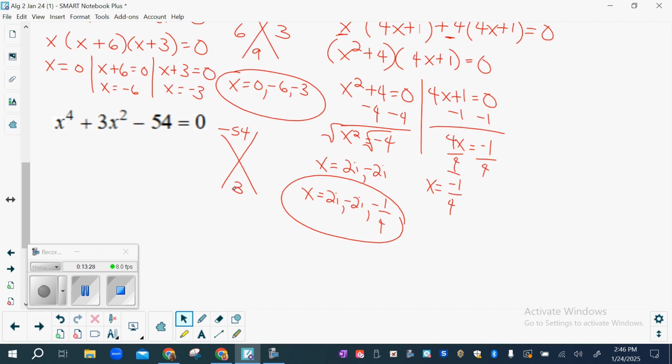I'm going to have you guys in this group tell us what to do here. What multiplies to negative 54 that adds to negative 6? Good. So now our two factors are what? x squared plus 9 and x squared minus 6. So then remember to do the x squared there. Then we're going to set each of those equal to 0.